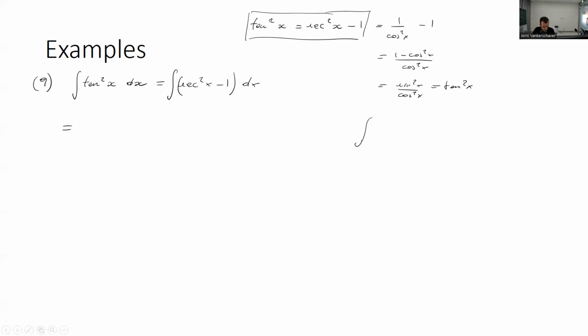And that is a good thing, because if you remember from way back in the beginning, we said the derivative of tan x is 1 over cosine squared, so it is equal to the secant squared of x. So conversely, the integral of secant squared x is the tangent function itself, so it's tan x plus a constant.